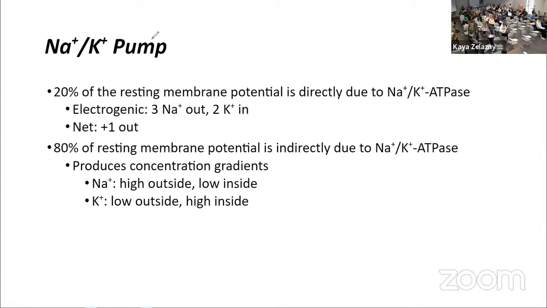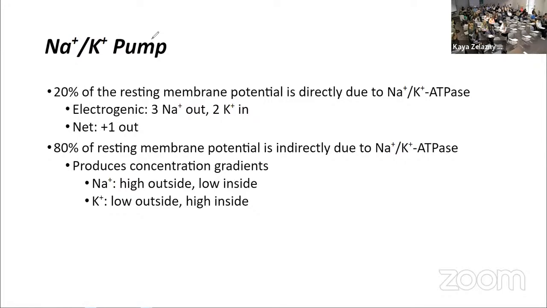Okay. So the rest of the membrane potential is the effect of the fact that we're producing concentration gradients. So the rest of our resting membrane potential is happening because we have a gradient on sodium. We have a high concentration of sodium outside the cell, a low concentration of sodium inside the cell, which we just set up with that sodium potassium pump.